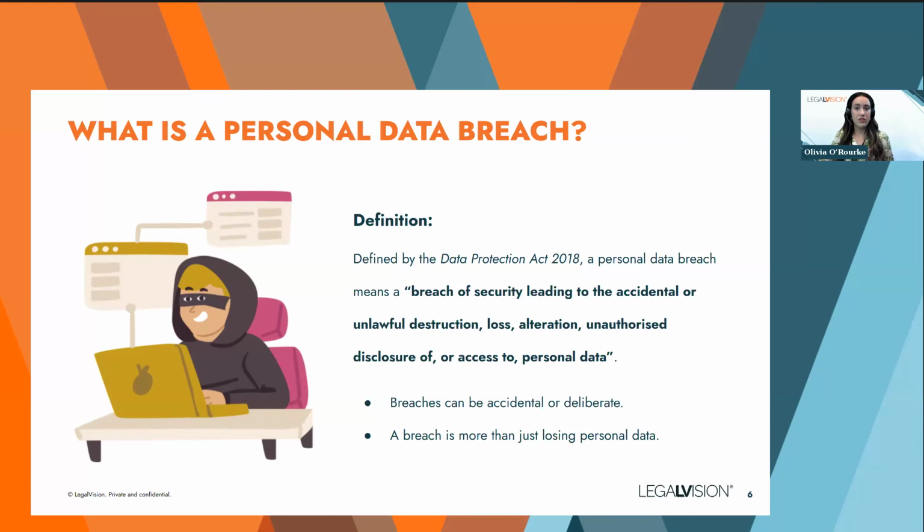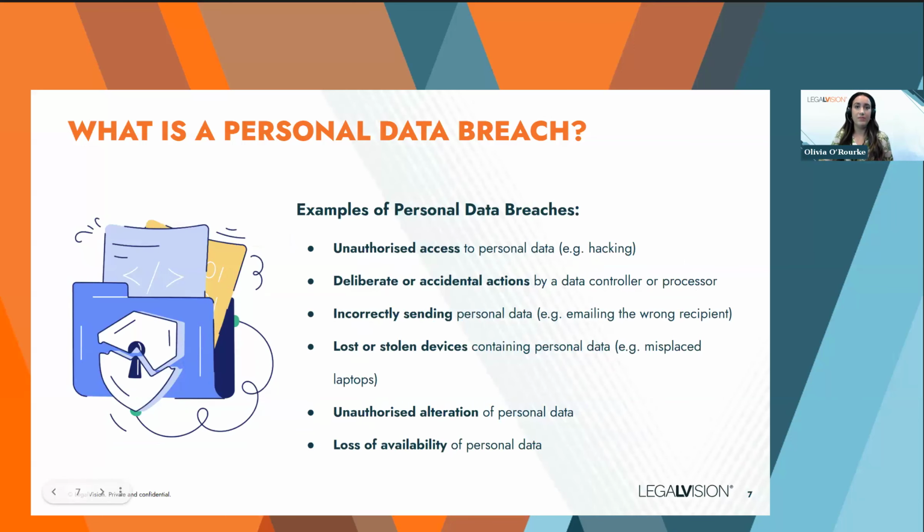Some examples of personal data breaches include access to personal data by an unauthorized third party, for example, a hacker, deliberate or accidental action or inaction by a data controller or a data processor, sending personal data to the incorrect recipient, for example, sending an email to the wrong person, computing devices containing personal data being stolen or lost, for example, leaving a laptop on the train or having a phone stolen, alteration of personal data without permission, and the loss of availability of personal data as well.